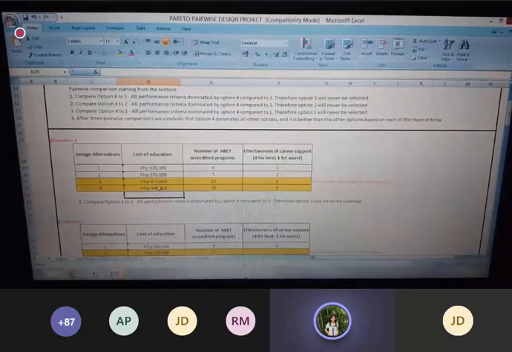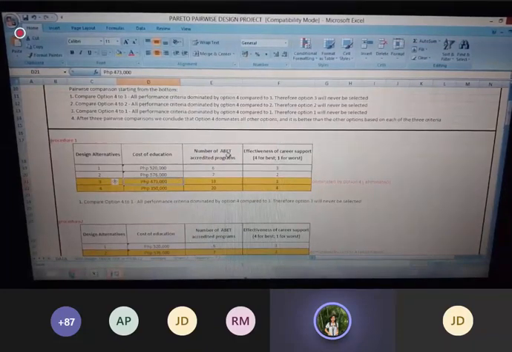So when it comes to the cost of education, the less is better. So for this performance criteria, option 4 won compared to option 3 because the cost of education is lesser compared to option 3.